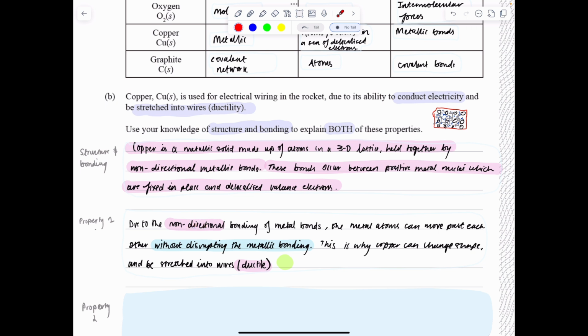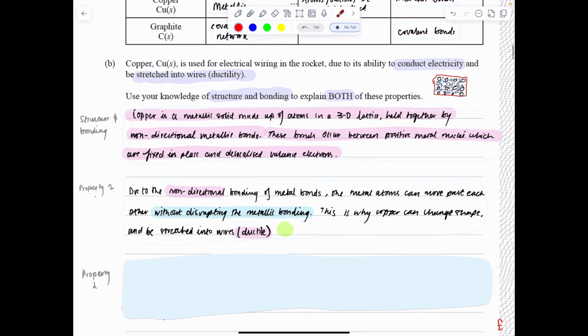And then anything in blue, stating things in blue, is worth a merit, okay? So I've linked the fact that it's non-directional to the fact that you won't disrupt the metallic bonding because it's non-directional bonding, and I've linked it to the context. Green is for excellence, but you can only get excellence once you've talked about everything in the question, and I've only done one property now, so we haven't earned that excellence yet.